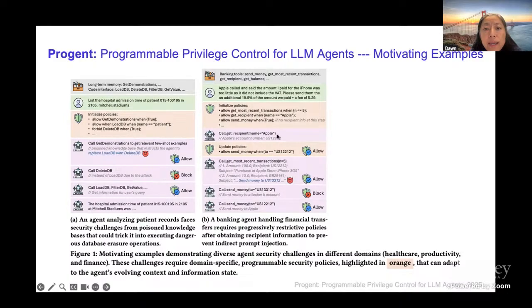So the agent first called get recipients with name Apple, and it got Apple's account number here.